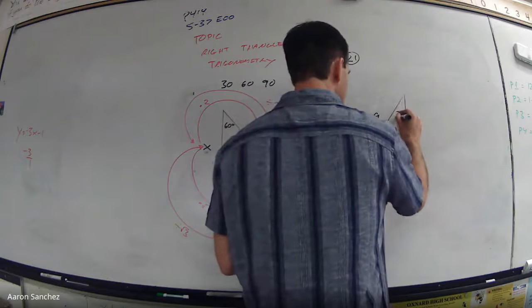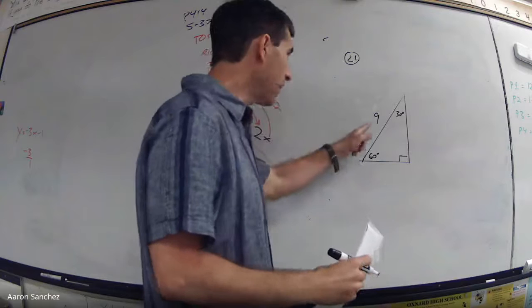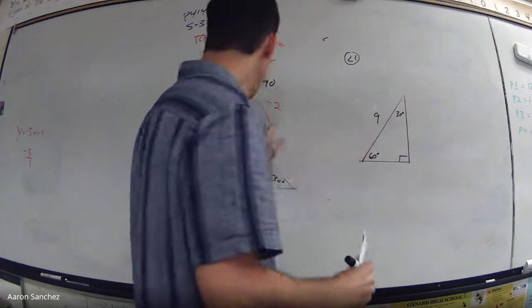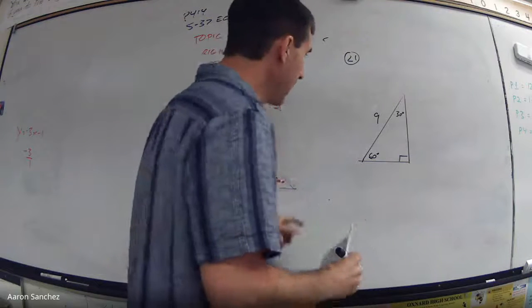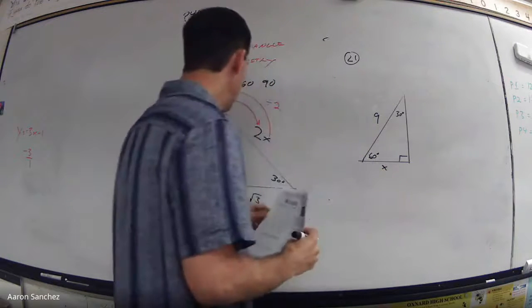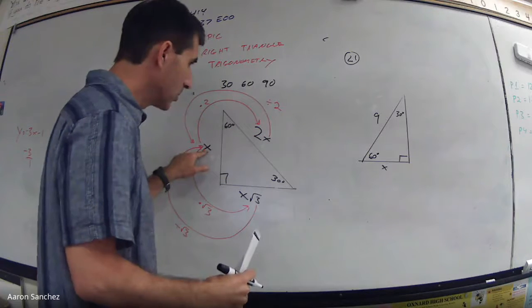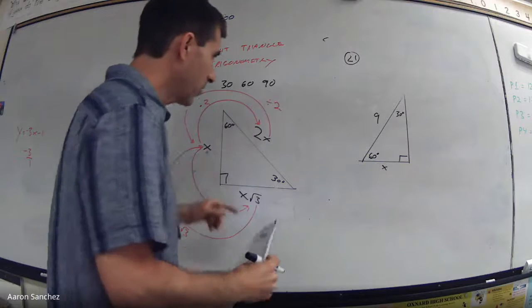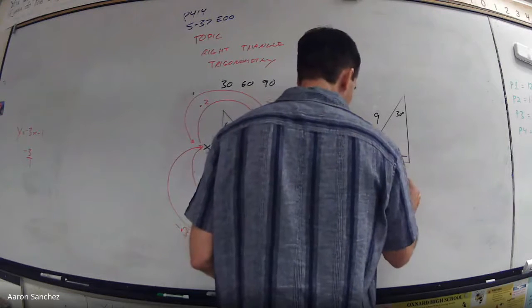So this has to be my 30 degrees, right? So now this is my hypotenuse, my 2 times x side. Where's my x side? My x side is here. Remember, you go from the 2x to the x side, I divide by 2. So this is 9 divided by 2, or 4.5.